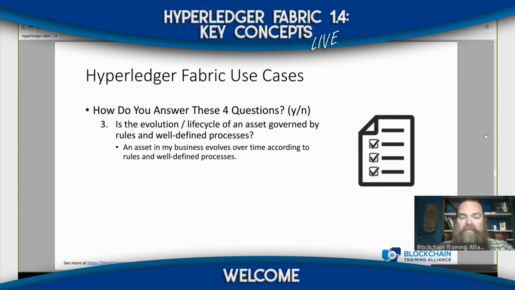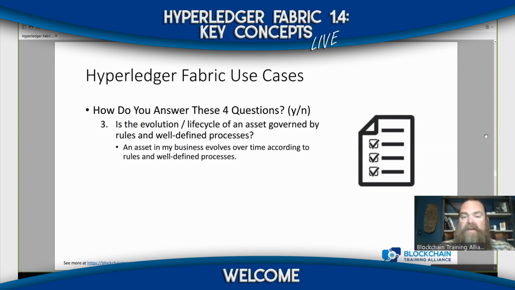Question number 3, how do my assets evolve over time? Do they do so randomly? Most assets in the business world don't just evolve randomly. They follow some type of well-defined process, some well-known rules. For example, we might have a business process that allows employees to submit expenses and then get reimbursed for those expenses.